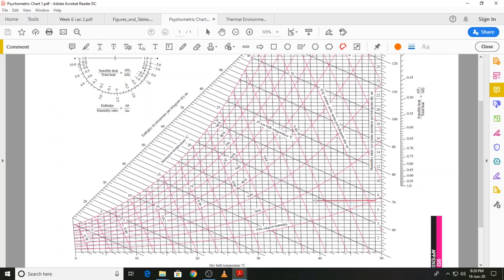So you will draw a horizontal line, and where it intersects the 30°C dry bulb temperature line, that is the state point. So I will just move this over here.